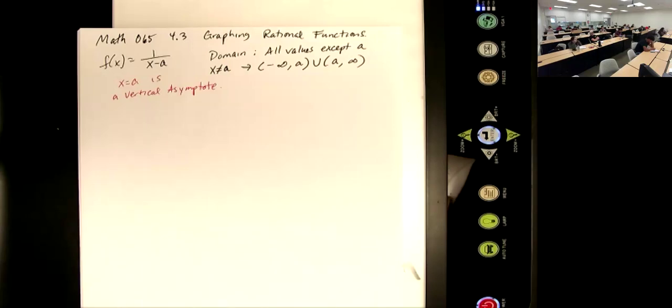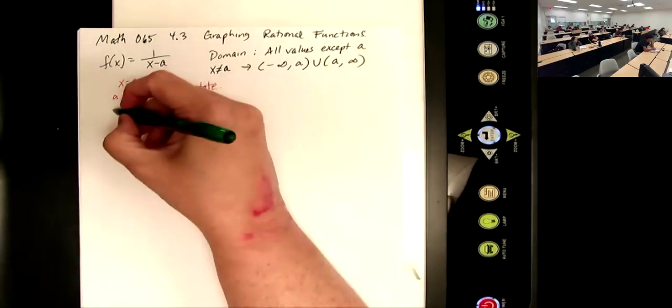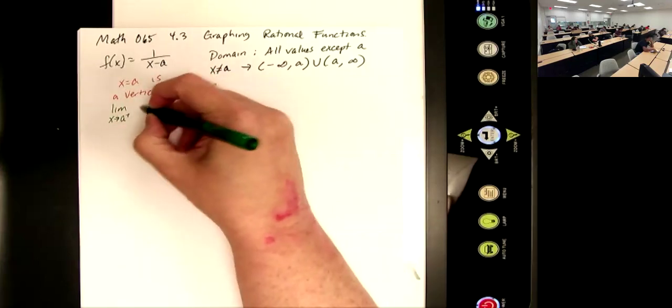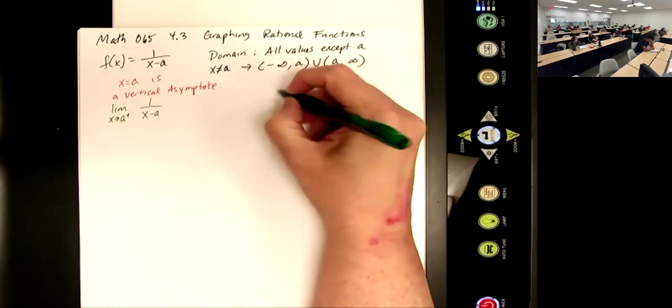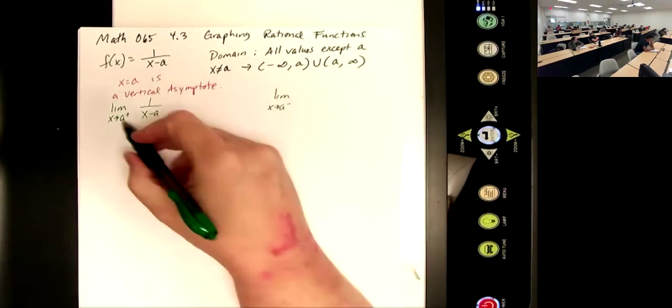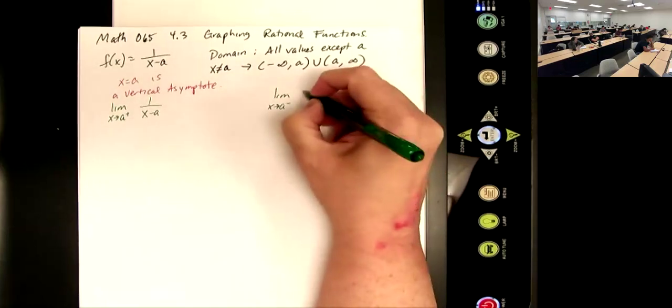We can see that doing limits. So let's look at the limit as x approaches a from the left, and the limit as x approaches a from the right. So that's right, that's left.